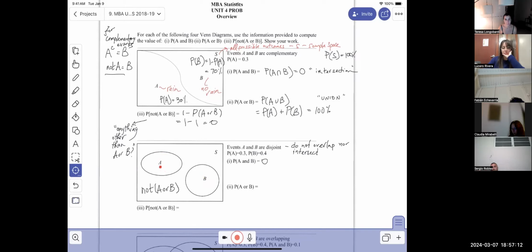What's the chance of a person either having a hair color or a manicure? The way you figure that out, if they're disjoint events, is you just add them. That's the rule. So what do you get? 70%.